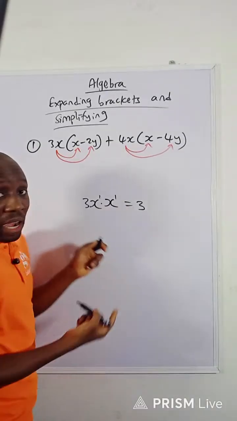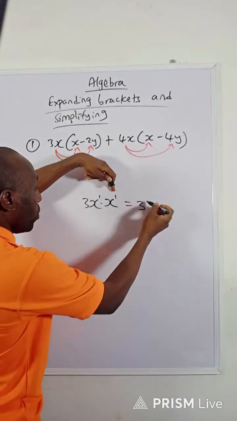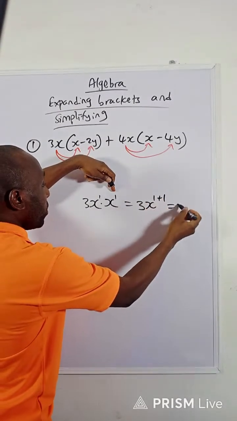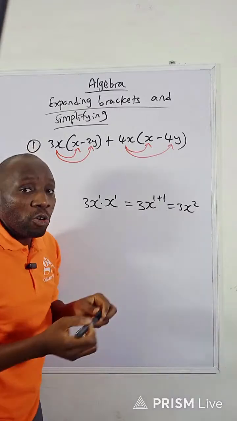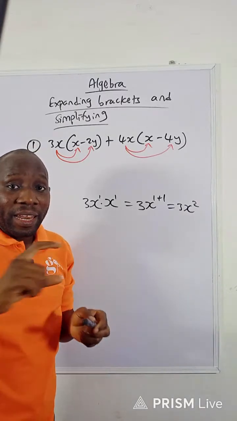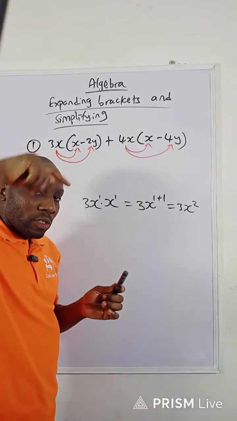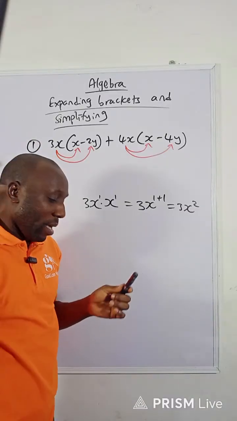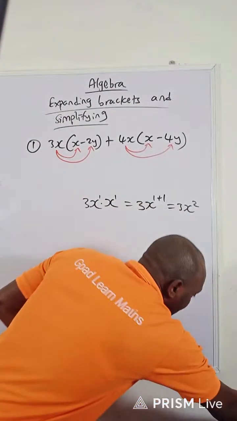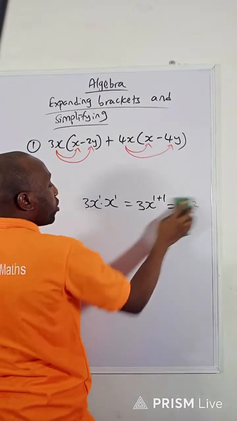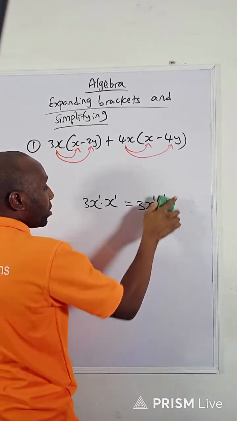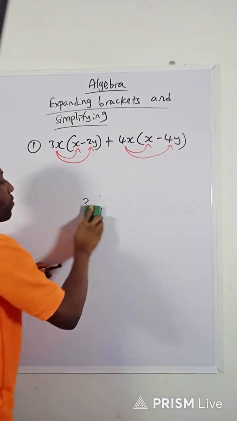We're going to add the powers. So you do 1 plus 1, which is what? 3x squared. So this is how you multiply letters. If the letters are the same, just add the exponents. I just had to put it out there so that you will not get confused with that.